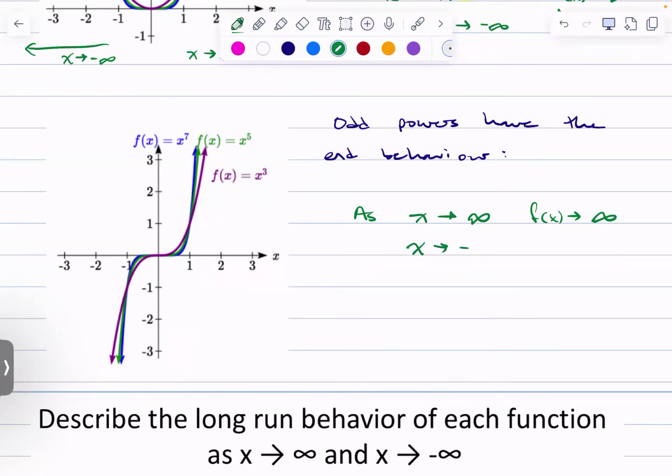But as x goes to negative infinity, so now I'm on the negative x-axis, then the outputs, f of x, are going to go to negative infinity.